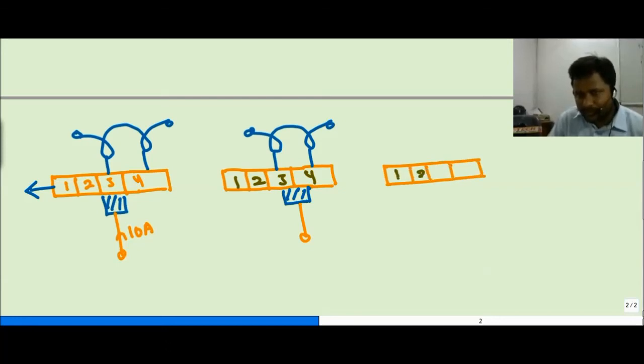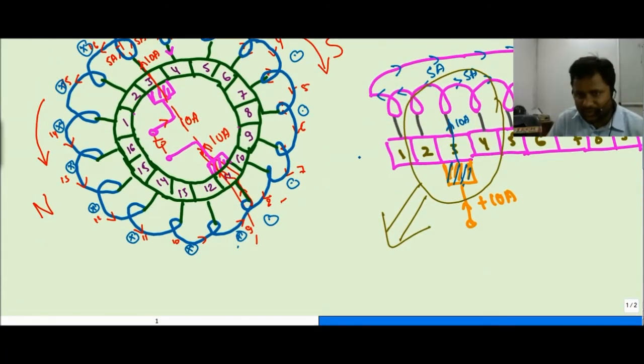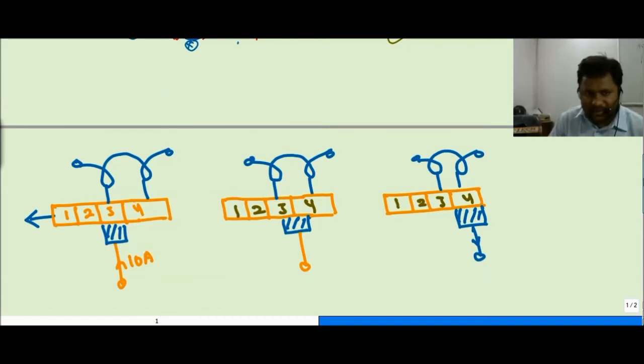It is 1, 2, 3, 4, and like this. For the sake of explanation, I am just focusing on this area. What will happen whenever this commutator segment with the coil is moving in the anti-clockwise direction, and what will happen to this coil? We are observing this coil X.